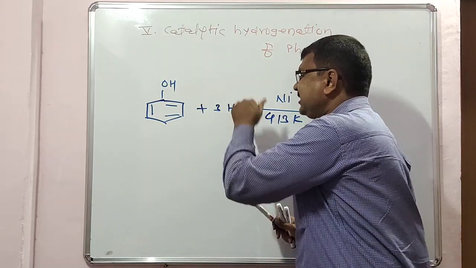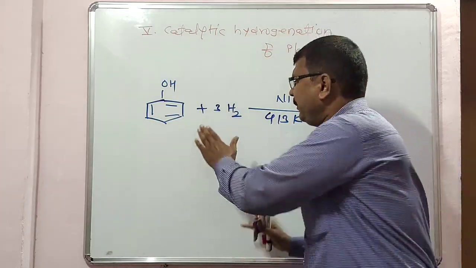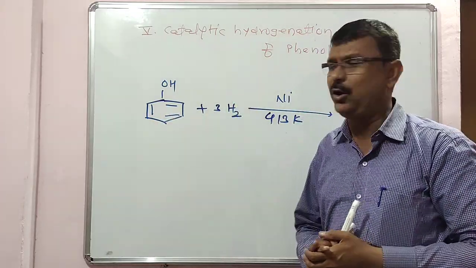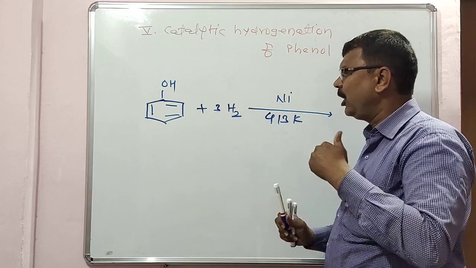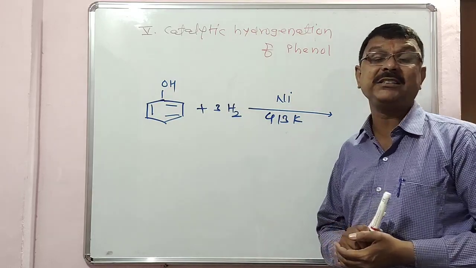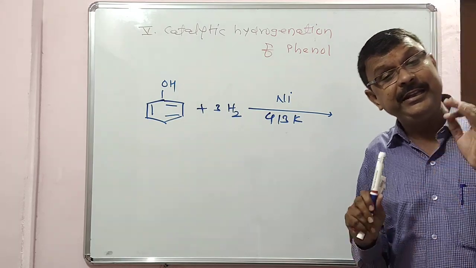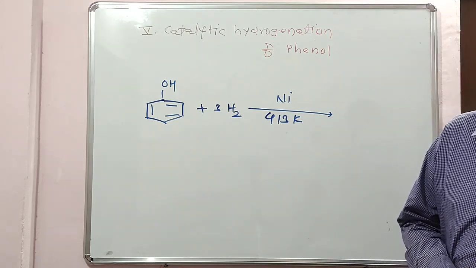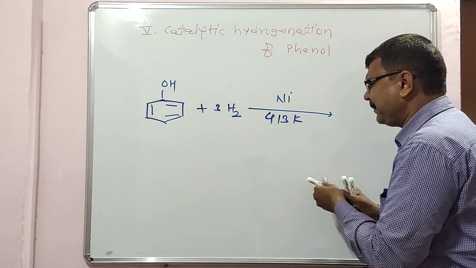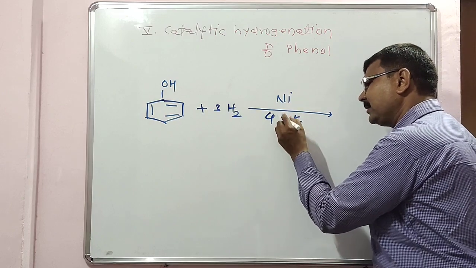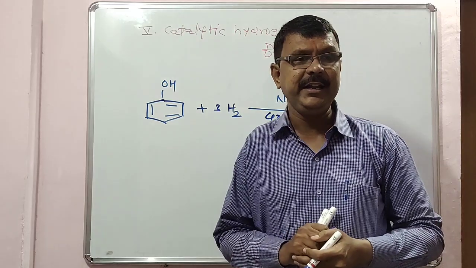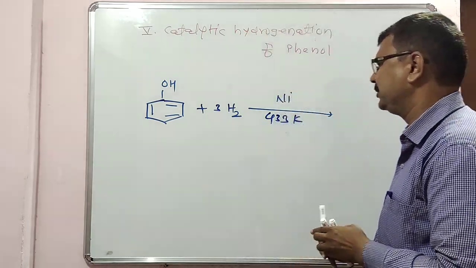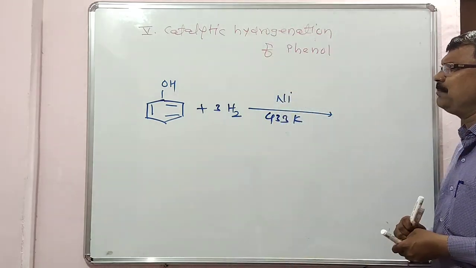When hydrogen gas is passed through phenol, both in vapor phase, with nickel as a catalyst at a temperature of 433 Kelvin, it gives a simple compound.